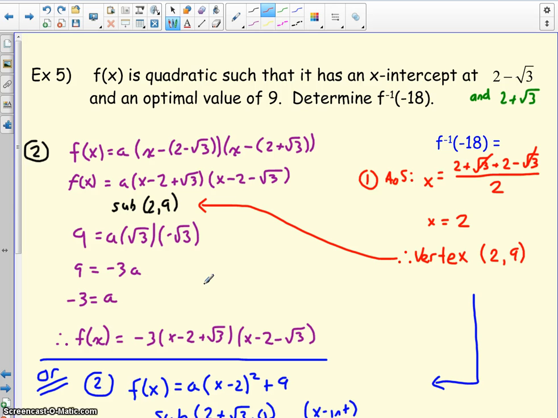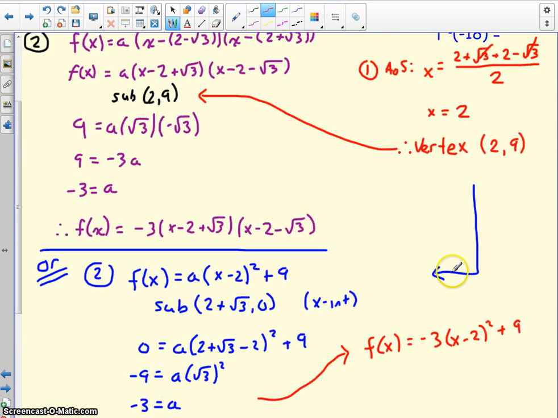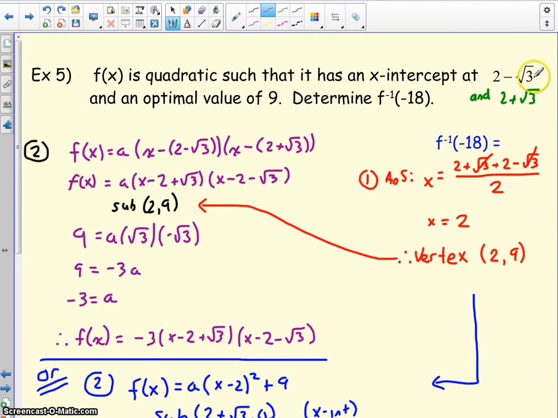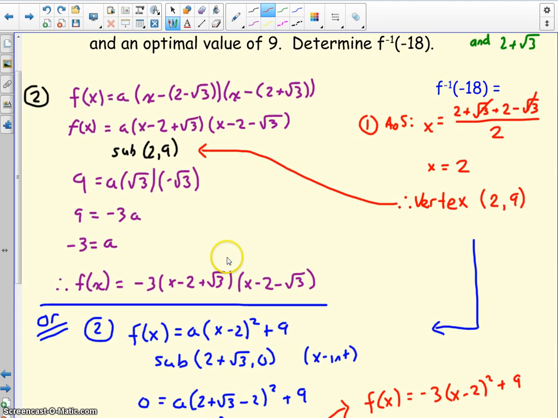The other approach you could take instead, and again, you might find this easier, is once you have the vertex, forget factored form and just try and build vertex form. So if the vertex is (2, 9), I can build f of x equals a(x minus 2) squared plus 9. And I need to sub in a point to solve for a. I've already used the vertex, now I have to use one of my x-intercepts. So I can choose either one of these two x-intercepts. I chose 2 plus root 3.